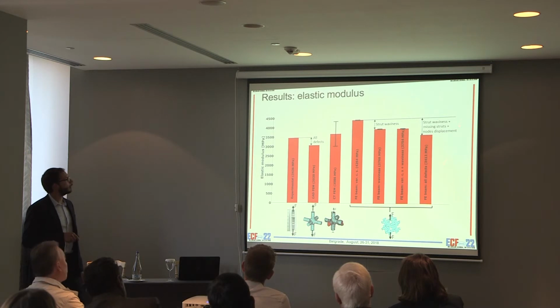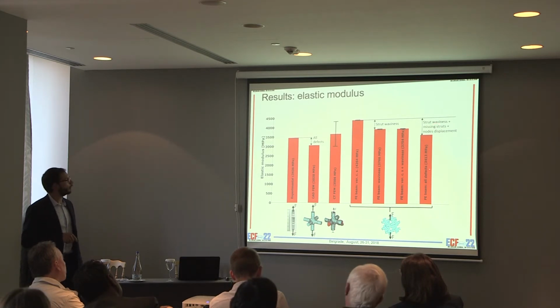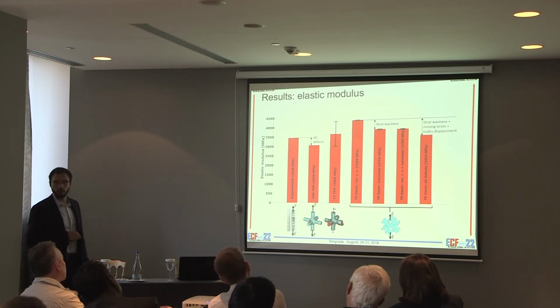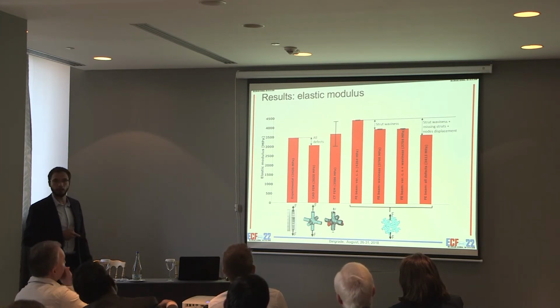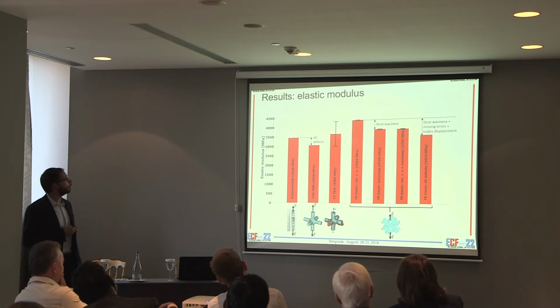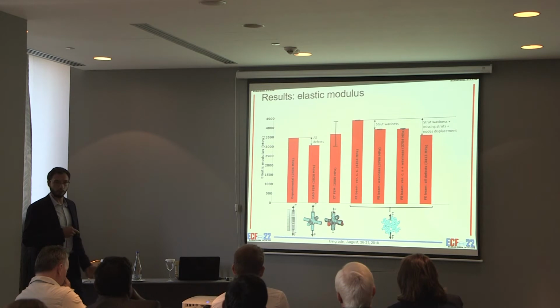And finally, by introducing all the defects, including also the missing strut and the nodal displacement, we obtain a stiffness value which is pretty close to the experimental value. So what we learned from this slide again is that the defects have an influence even on a macroscopic property like the elastic modulus.